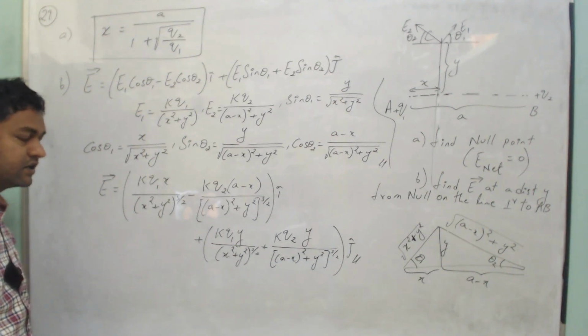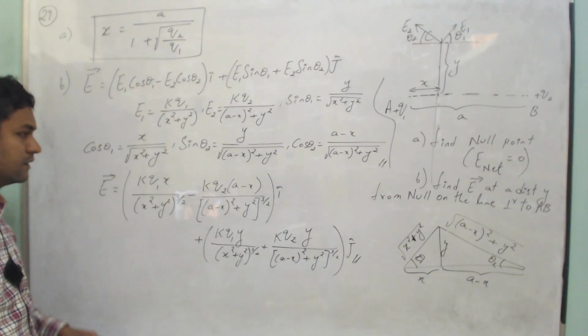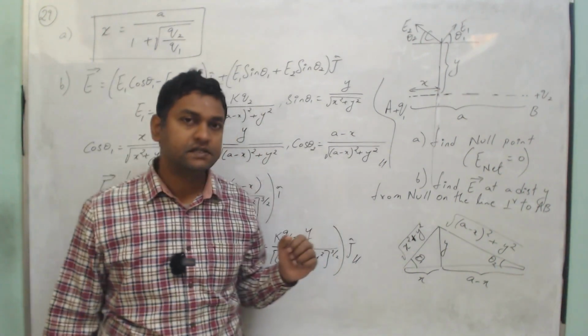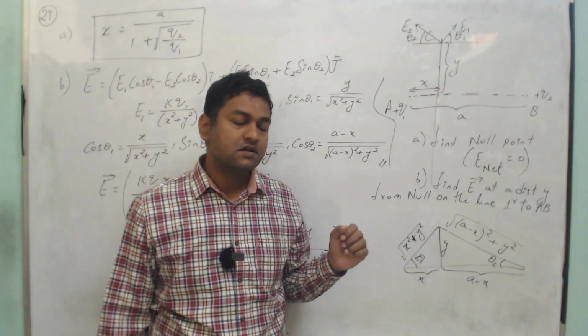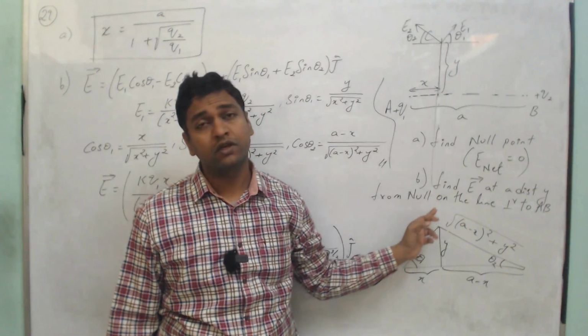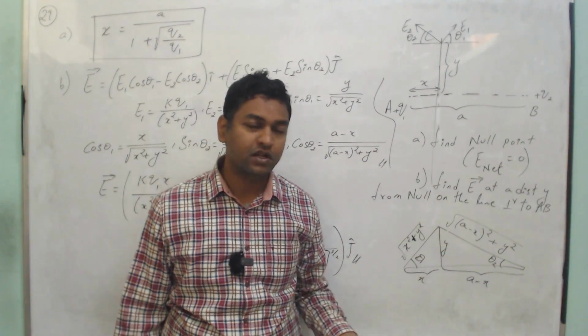Now understand one thing. We have already done electric field lines. If you remember, the line perpendicular to AB and passing through null point is nothing but the equatorial line.